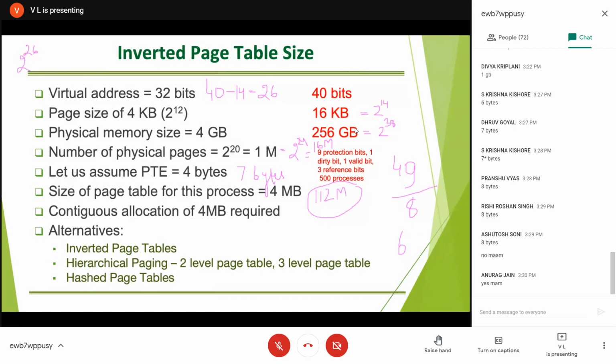So 23 added to 24 will be 47. So we will need only 6 bytes in case of page table entry. So 2 raised to power 26 entries in all multiplied by 6 bytes.